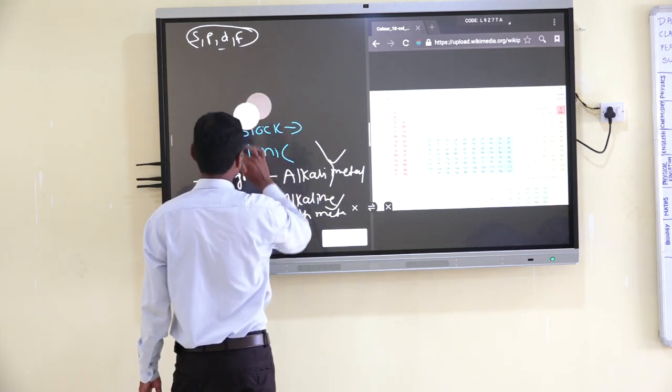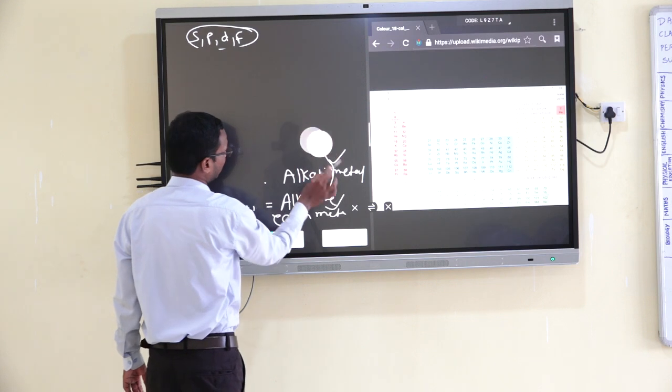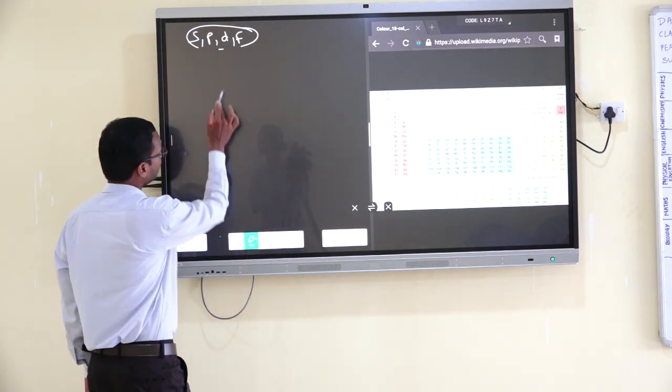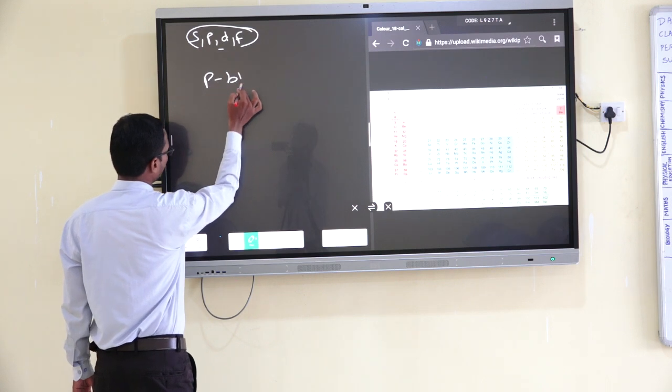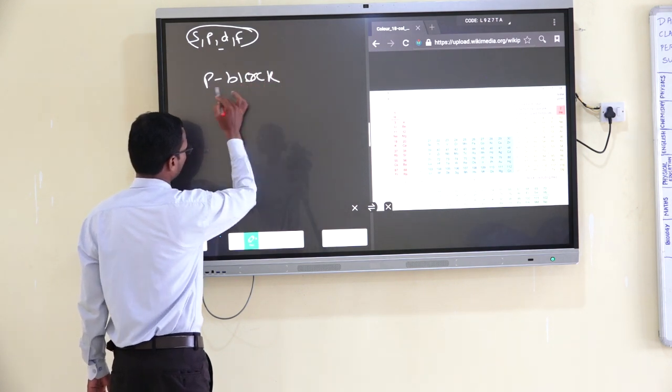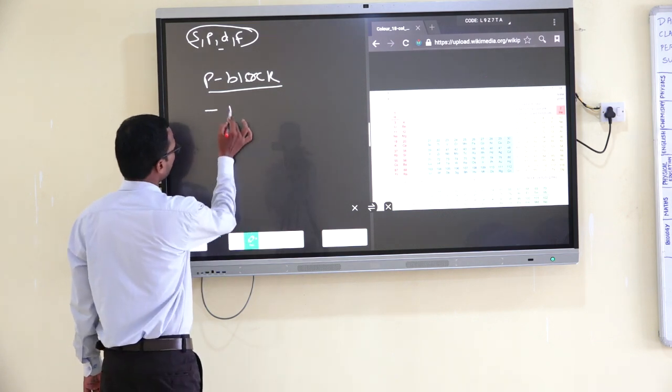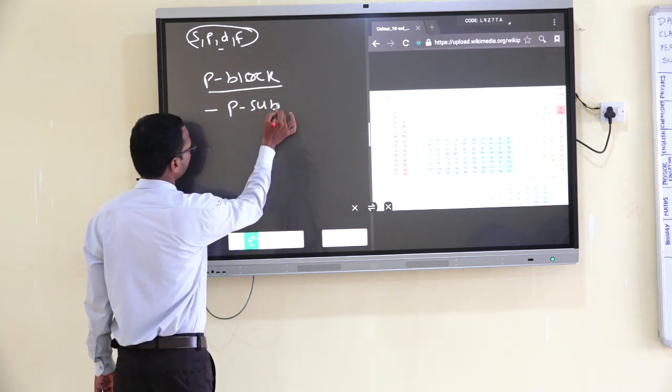In P block elements, the last electron goes to the P subshell.